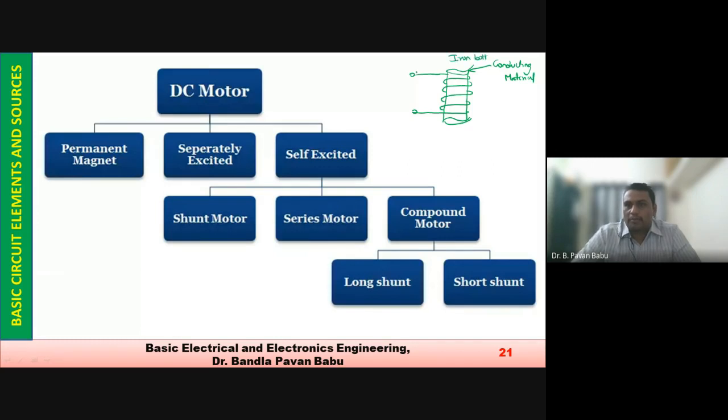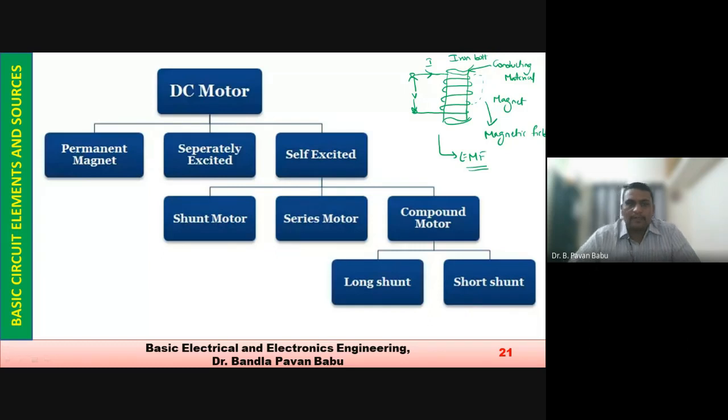I have used a copper winding here, and I'm going to supply a voltage. Since the circuit is closed, the current will be drawn, and it acts as a magnet and creates a magnetic field. Hence I can call it an electromagnetic field, EMF, is created.